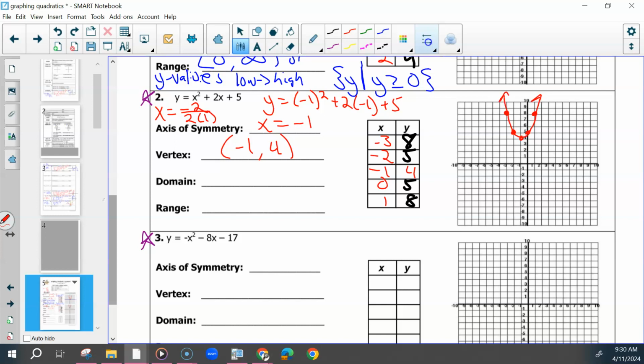Should be symmetric around x equals -1. The y value should repeat on both sides.